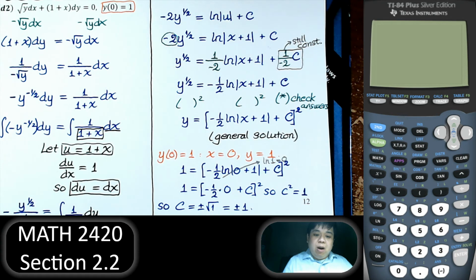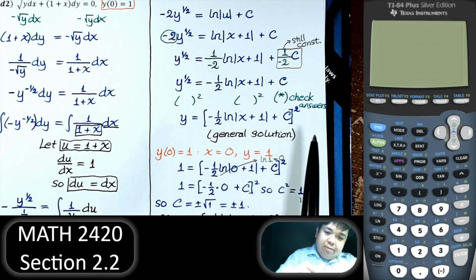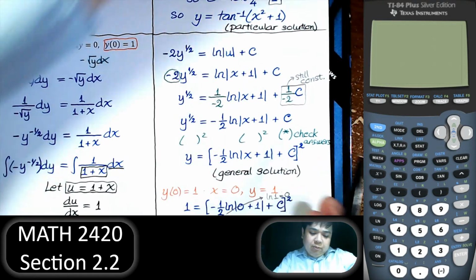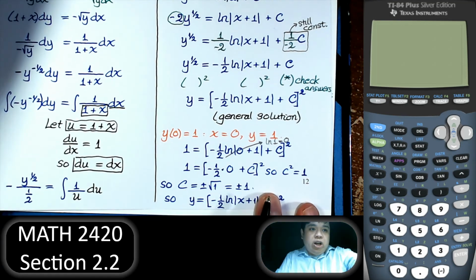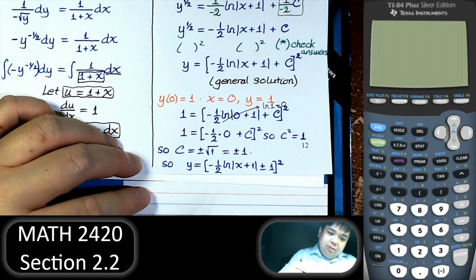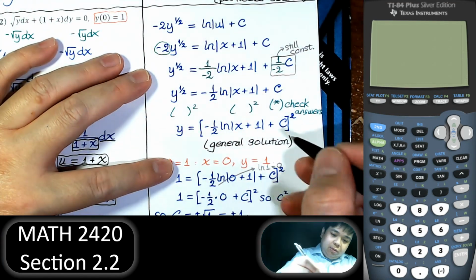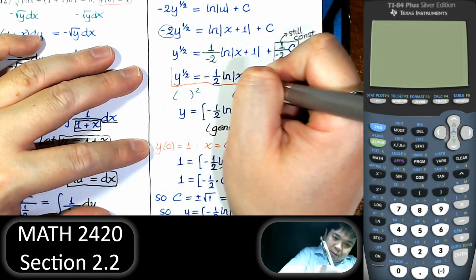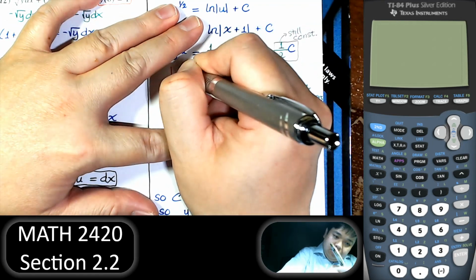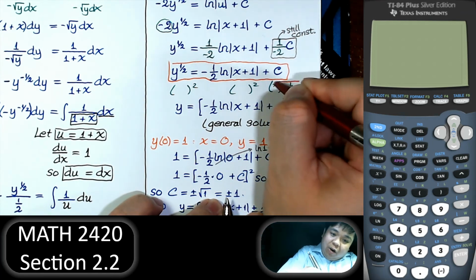So the answer is not plus or minus. Like I said, I'm running out of space, but the answer can only be 1, because when we check, right, we have to check the answer. I don't have a highlighter, but I can't emphasize it enough.